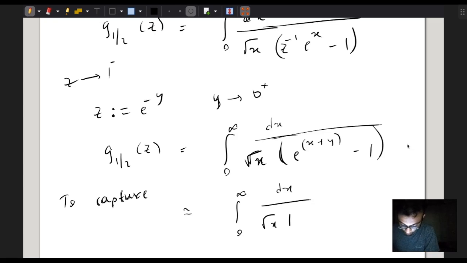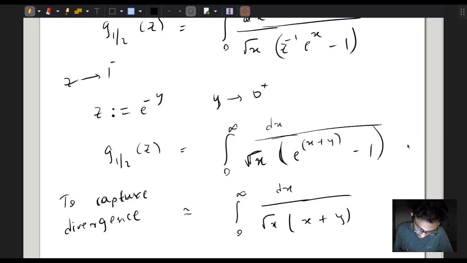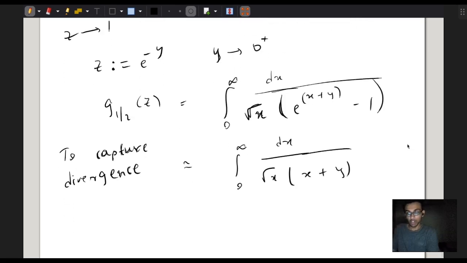So we can just assume that x is small, and do this. What you can show is that if you do this integral, it goes as 1 by square root y. Yes, you can do this integral and show that this goes as 1 by square root y.